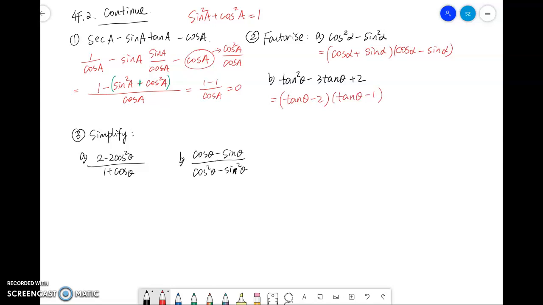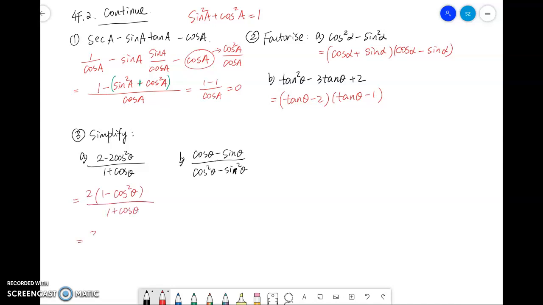There you go. Okay. Let's have a look at these other questions. Simplify. Again, with this type of question, I would highly advise you to simplify the answer. Okay, if you can do that, that would be excellent, because you can actually see that on top I can factorize the 2, leaving 1 minus cos square.